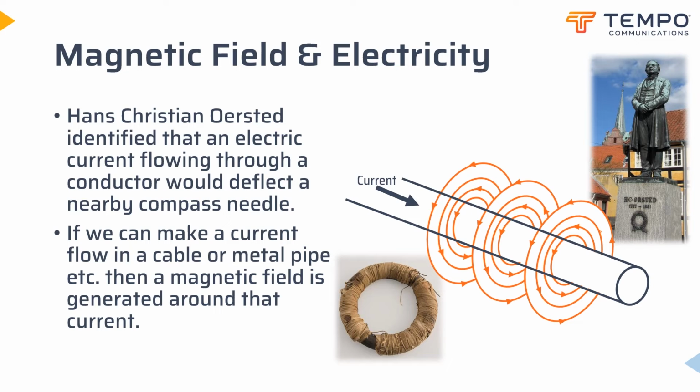It was only a small step to then realize that coupling two wires magnetically was possible, basically inventing the mutual inductor, or as we sometimes call it today, a transformer. Current flowing on one conductor causes a magnetic field, which can cause a current to flow in another nearby conductor.